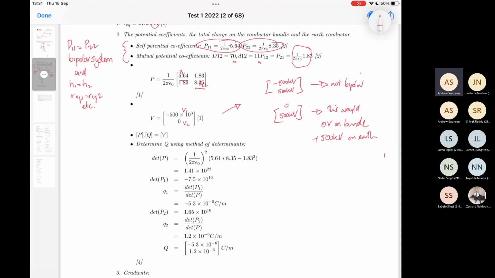If you've done it like I've shown here, you need to be aware of the square there. Normally you could multiply that 1 over 2 epsilon naught into the number and calculate it like that. I've pulled it out, so be aware of shortcuts.